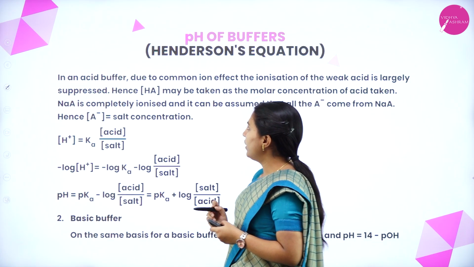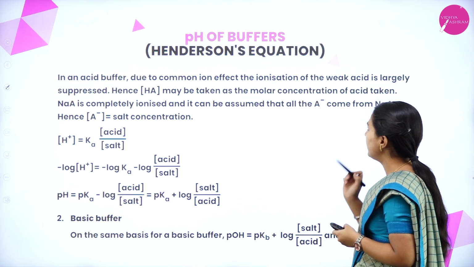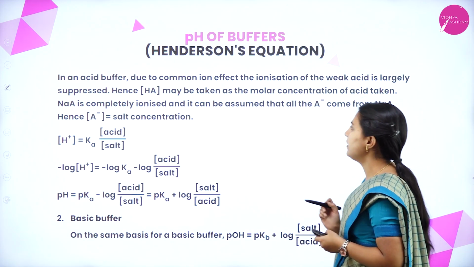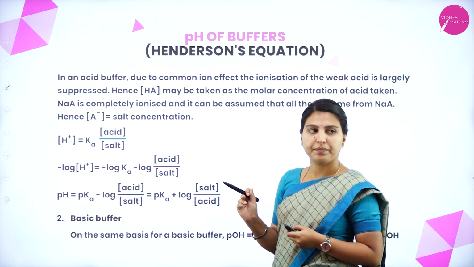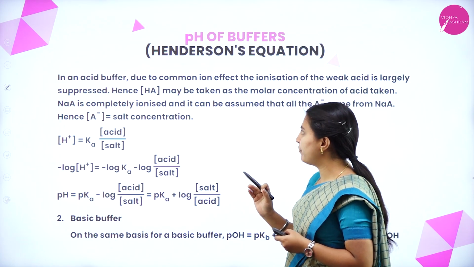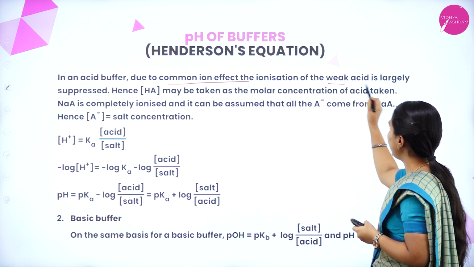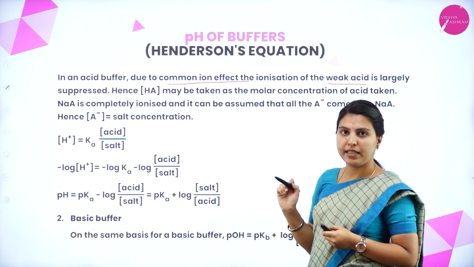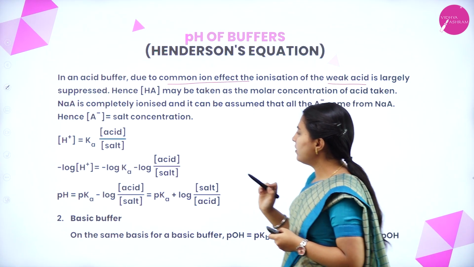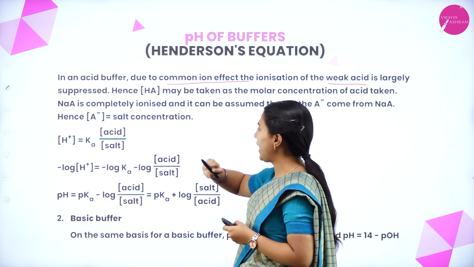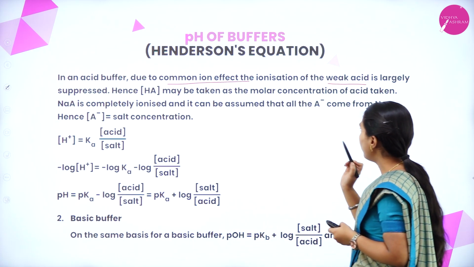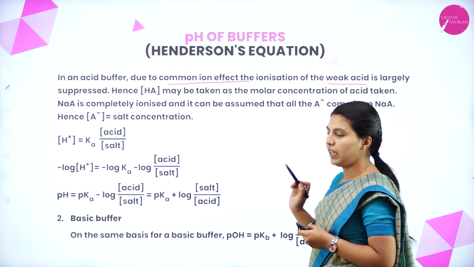In an acid buffer, due to common ion effect, the ionization of the weak acid is largely suppressed. Hence, the concentration of HA, that is weak acid, may be taken as the molar concentration of acid taken.